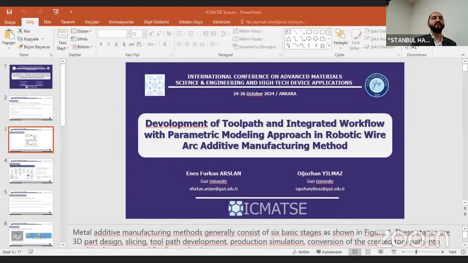And with this study, we believe that we have taken significant steps to make the robotic process more efficient. Thanks for your participation and interest.